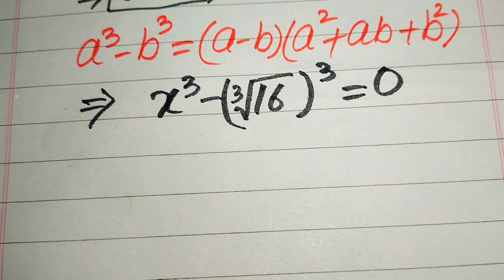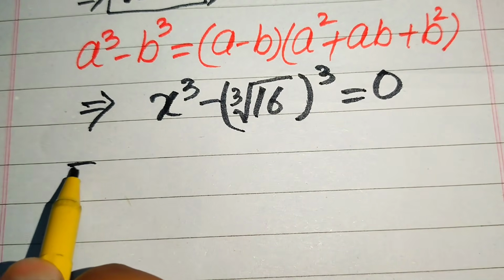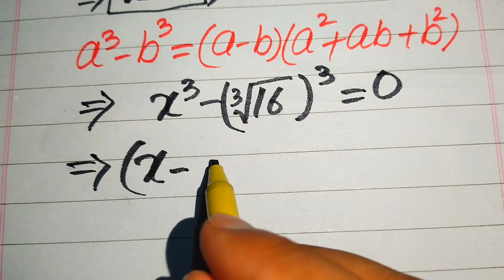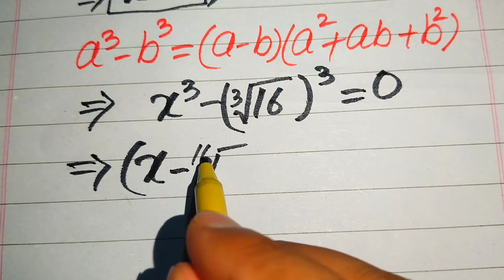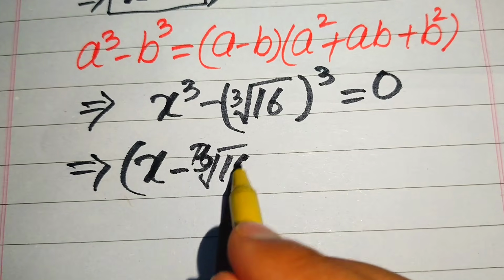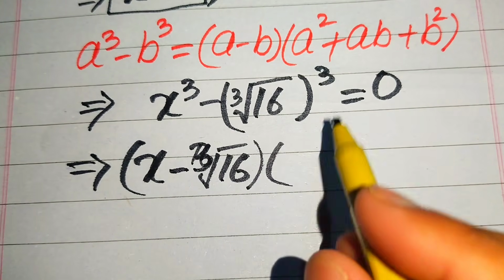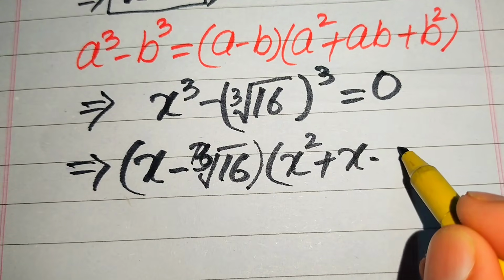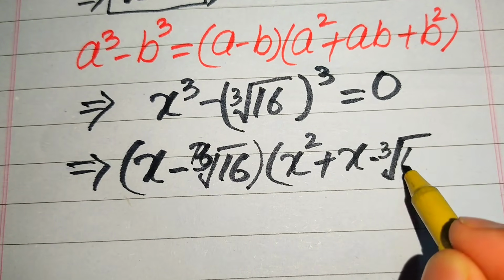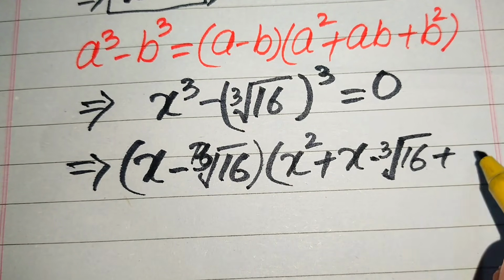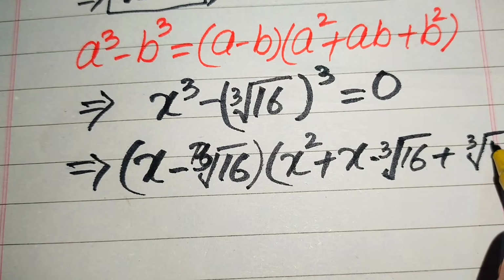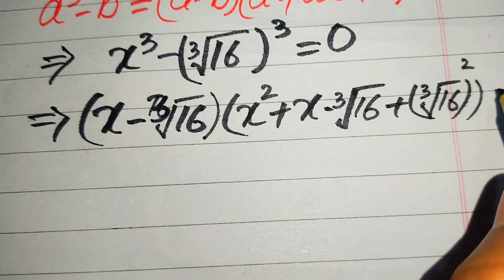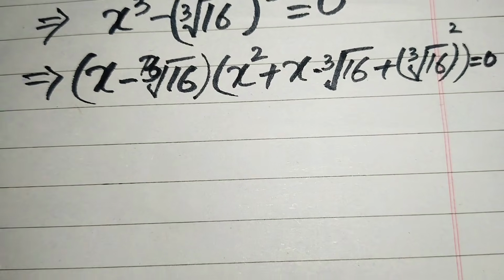Now we apply the cubic formula here, so this is written as x minus the cube root of 16, times the second factor, x squared plus x times the cube root of 16 plus the cube root of 16 whole squared, and this is equal to 0.